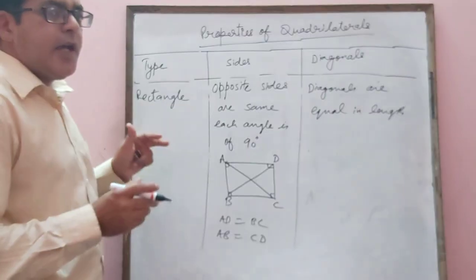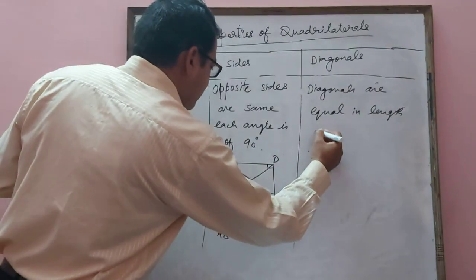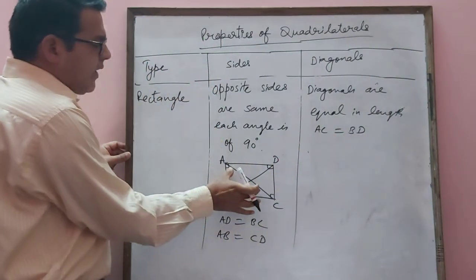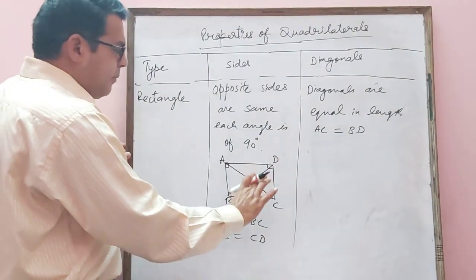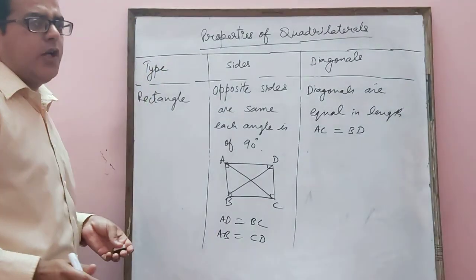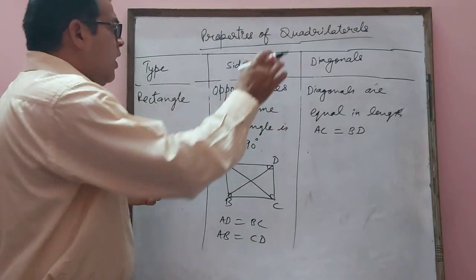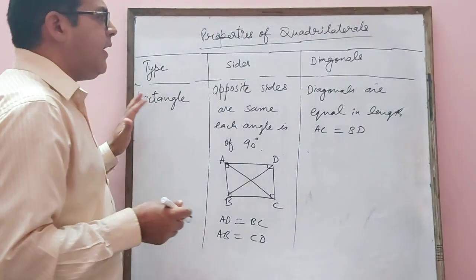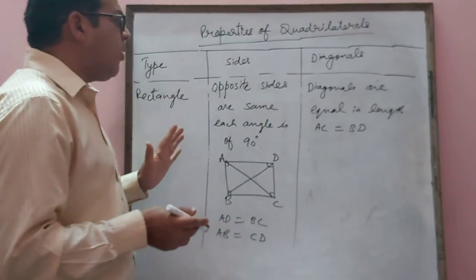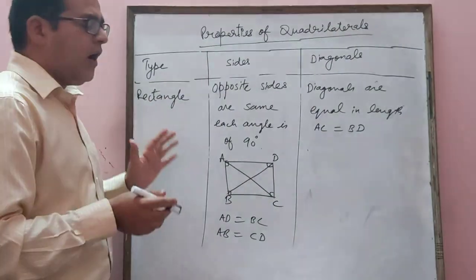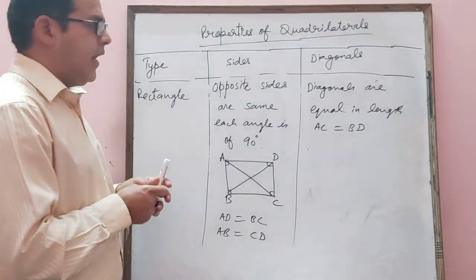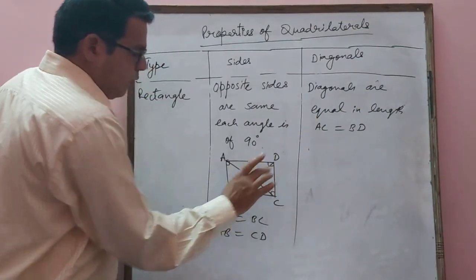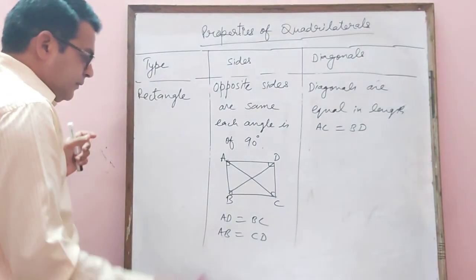Diagonals are equal in length, meaning AC equals BD. AC is a diagonal and BD is also a diagonal, right? So according to the properties of a rectangle, the diagonals of a rectangle are equal in length. So AC equals BD, right?